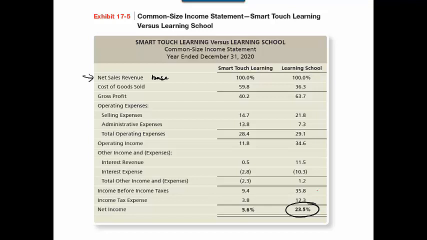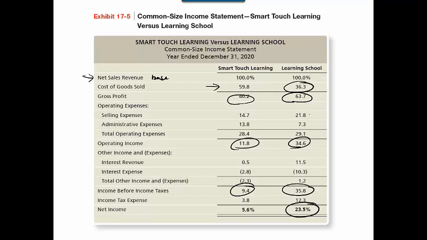And so then you want to look and see why. You can see that this is a lot higher than this one, the income before taxes. The operating income is higher, but this is where you're really going to see it. Look at this gross profit compared to this gross profit. And here's the reason. It's these guys, learning school, are doing a much better job controlling their expenses, their cost of goods sold.